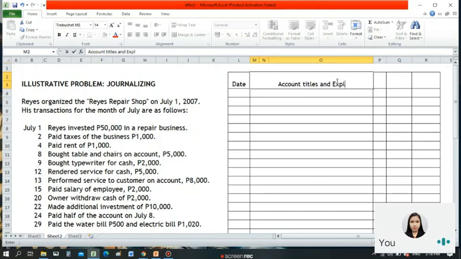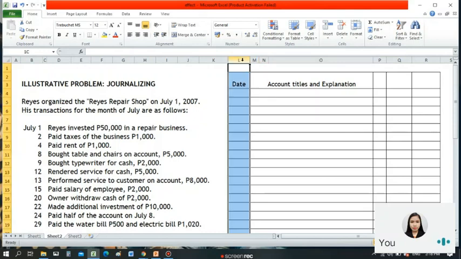This is the column where you write the debit, credit, and explanation, what I called the ladderized format. Here is the date. And then the narrowest column in the journal is for the PR.